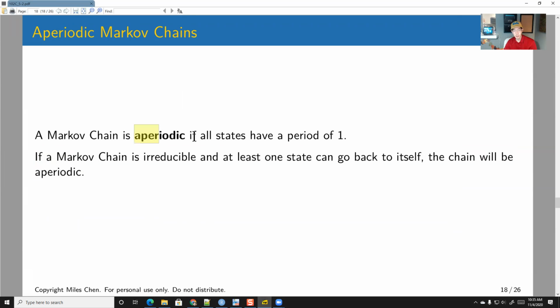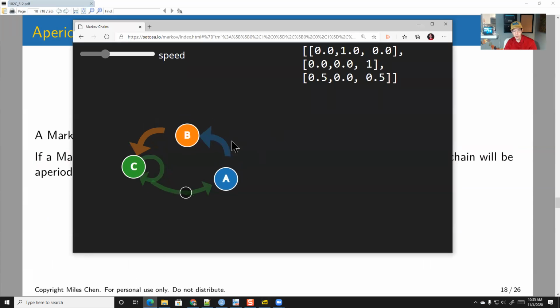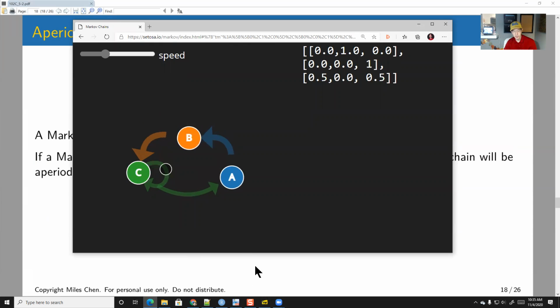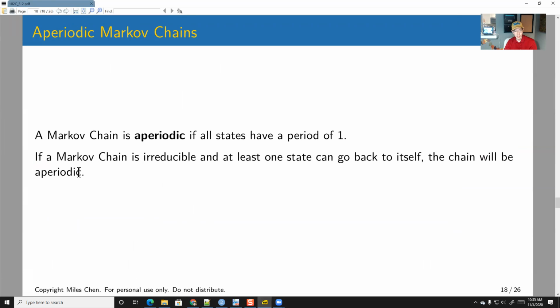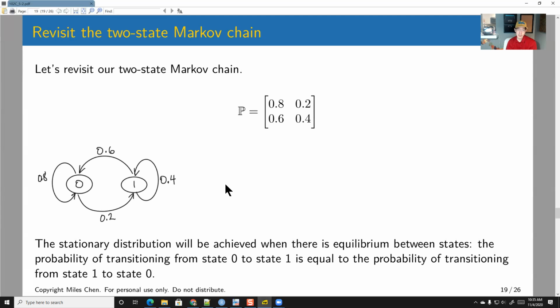You can have an aperiodic chain where you don't have a state go back to itself. You can set up a structure, but that's a simple structure that will make a chain aperiodic.